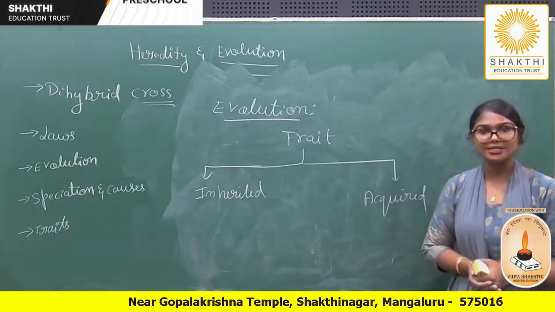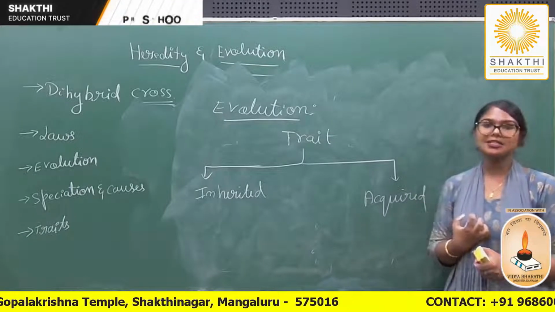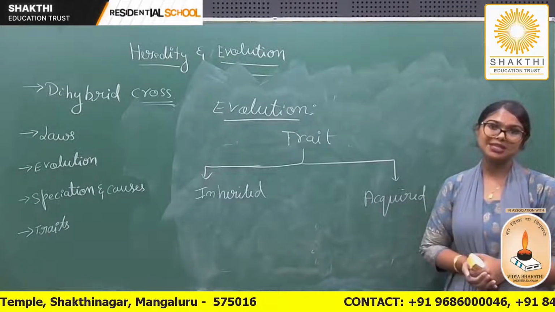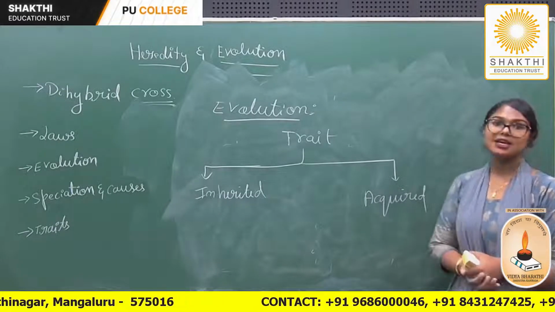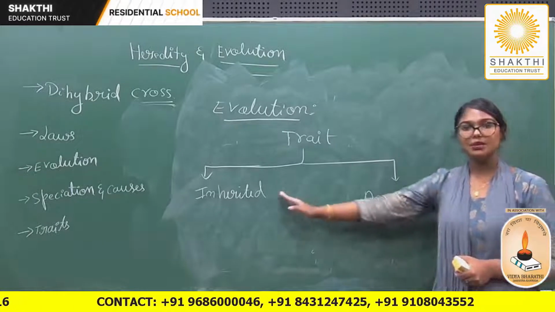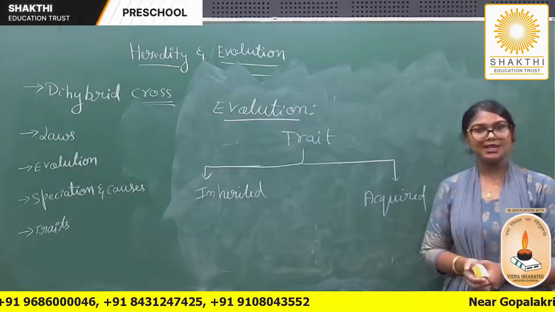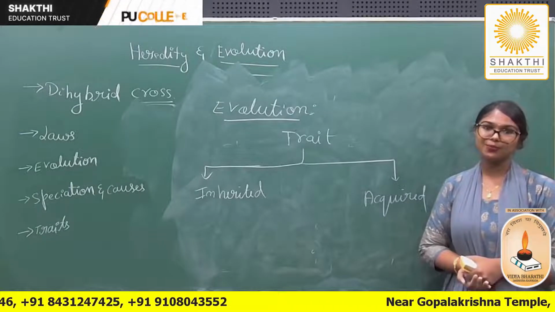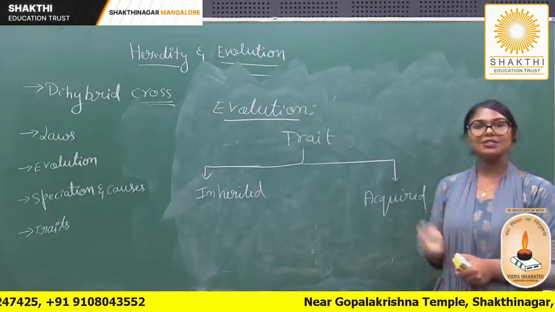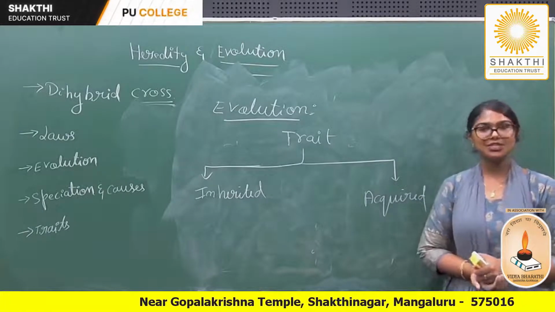Dancing is your character, but did you get it at birth? No. You acquired it in your life during your experience. So such characters are called acquired characters. When such a question comes, you explain what is an inherited character, what is an acquired character, give an example for each and you're good to go. So with that, we have covered all the important questions from the Heredity and Evolution chapter, students.